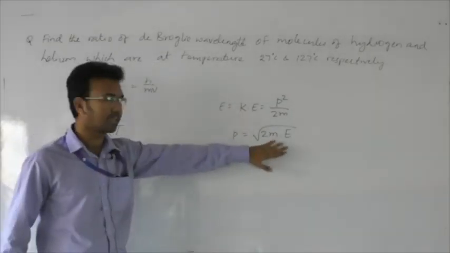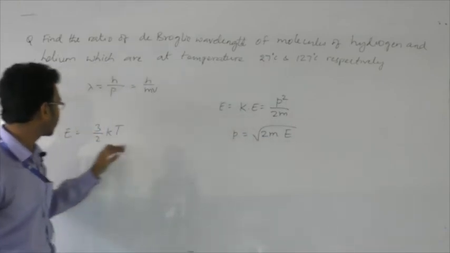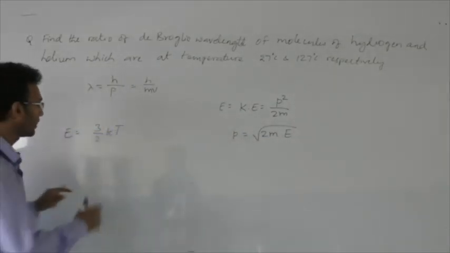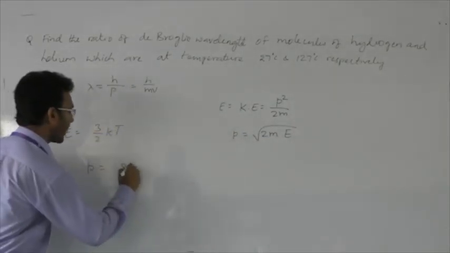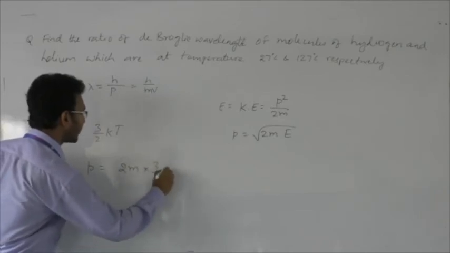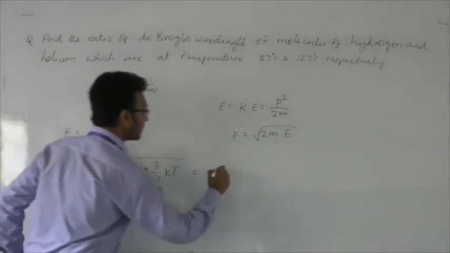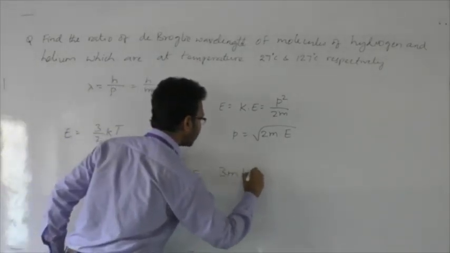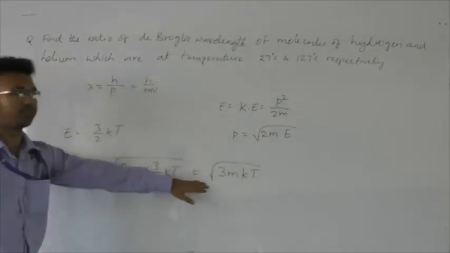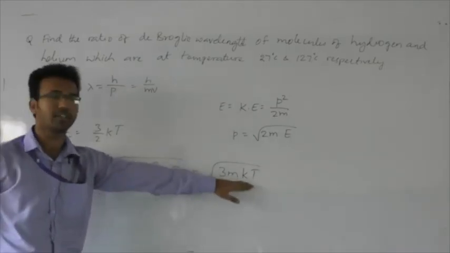Now I'll substitute the E value there, then I get p is root of 2m into 3 by 2 kT, which equals root of 3mkT. So this is the value of p when the molecules are given at different temperatures.